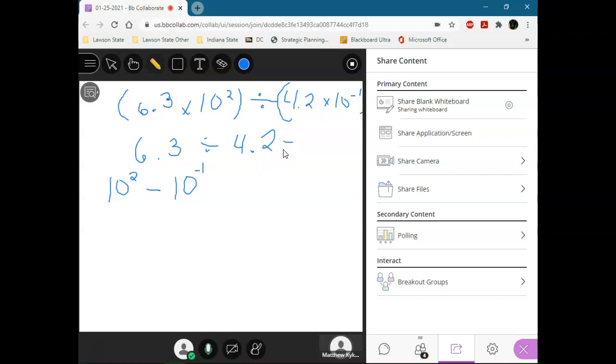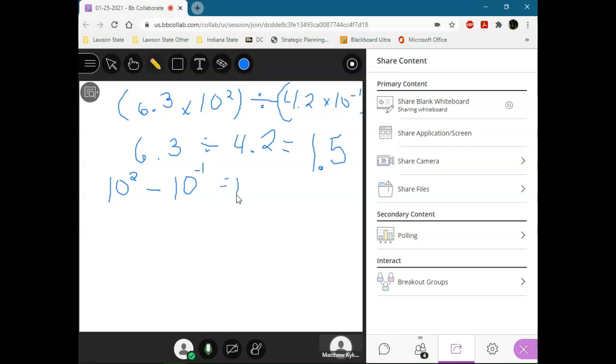So first of all, what is 6.3 divided by 4.2? 1.5. 1.5, okay. Then 2 minus negative 1, what do I get? 3. You get 3.